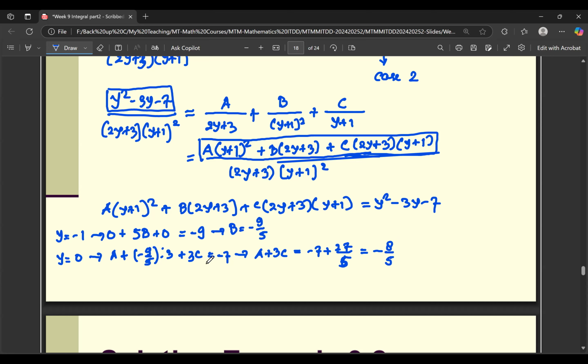Okay, let's go to the next. We need one more y. I choose y equal to 1, and this will be for a, and this is still minus 9 over 5 divided by, choose 1 will be 5.